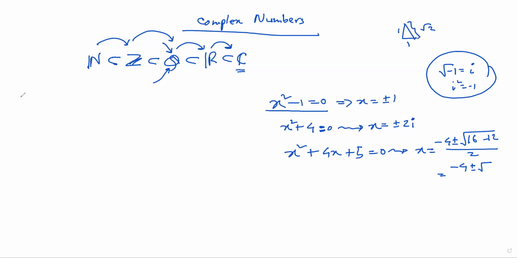So if I write 5, then I have to write not minus 12, but minus 20 here. So we have minus 4 here. So if you express root over minus 1 by i, you have plus minus 2i divided by 2. So minus 2 plus minus i.